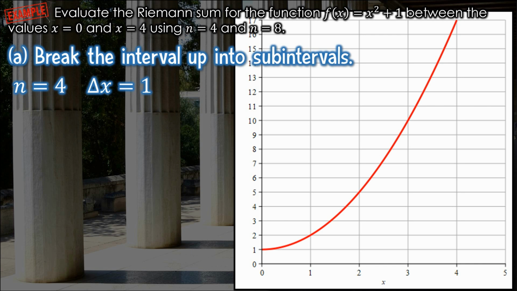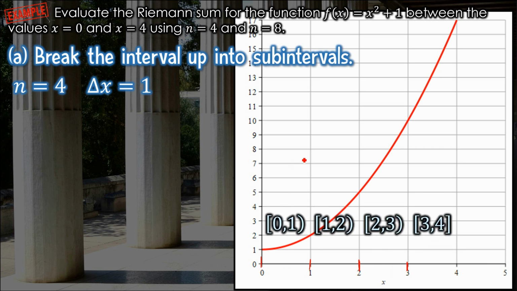Now I know where each of my subintervals begins and ends. If I'm going from 0 to 4, and every rectangle has a width of 1, then I know that I'm going to have a rectangle beginning at 0, beginning at 1, beginning at 2, and beginning at 3. From 0 to 1, 1 to 2, 2 to 3, and from 3 to 4. I've broken down that interval into my 4 subintervals.